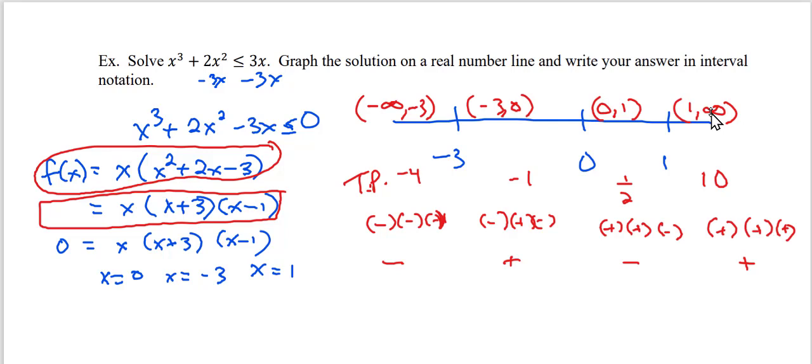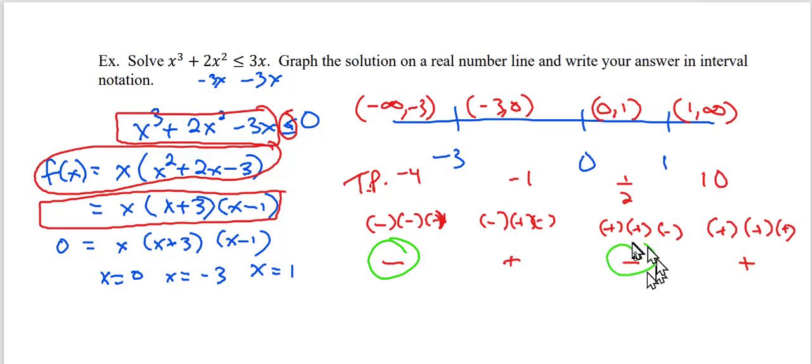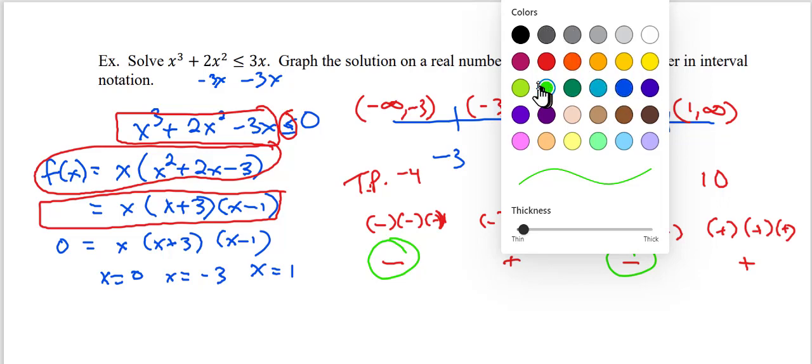In this case, I want negatives. I want my function to be less than or equal to 0. So my solution is going to include these negative intervals. I'll just write this.